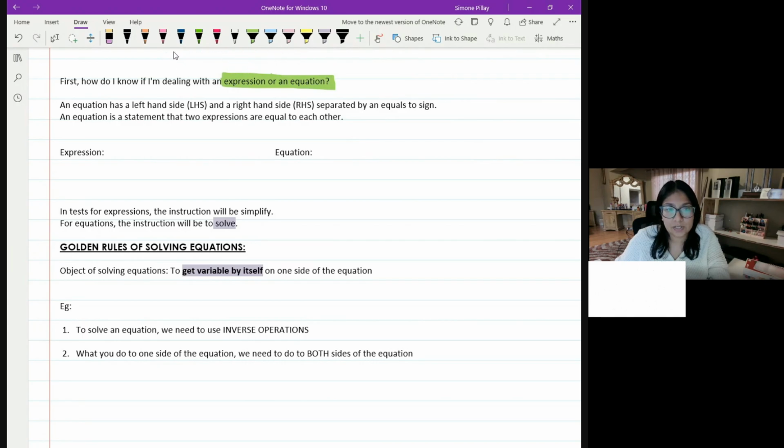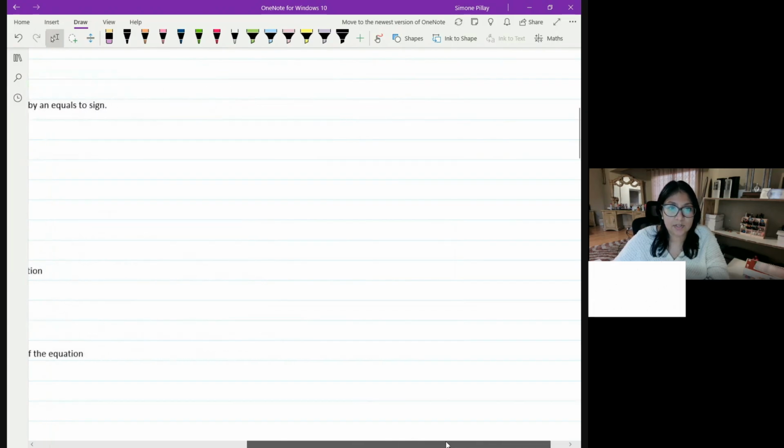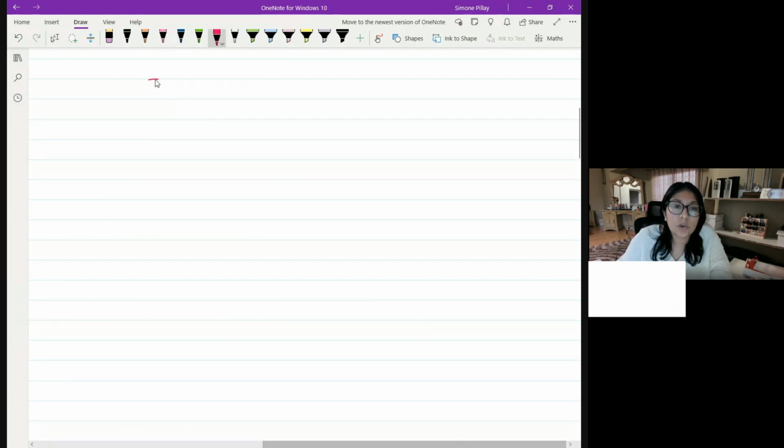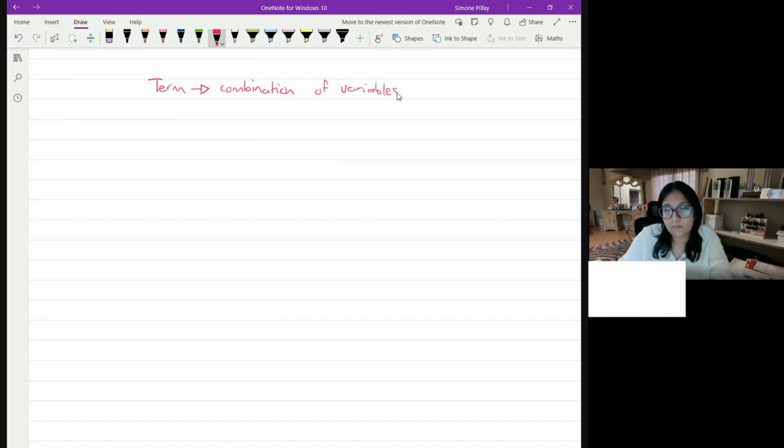Let's talk about what terms are. And maybe I should do this again. So let's talk about a term. A term is a combination of variables, exponents, and coefficients.